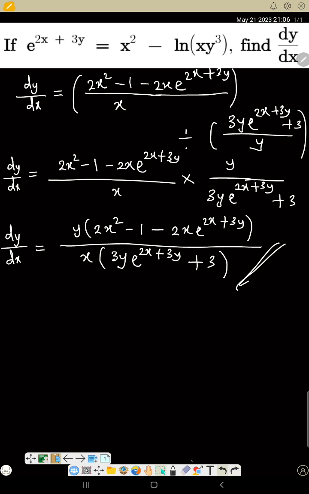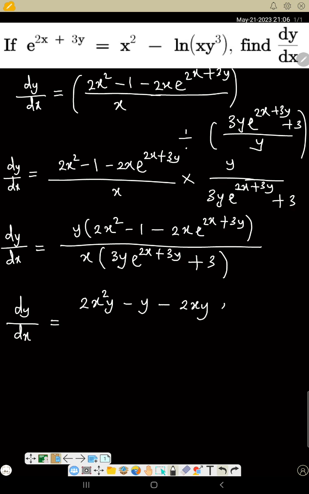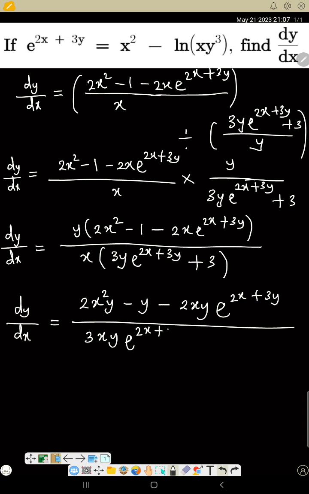Or if you continue this way, the y will open the bracket, so this will be 2s squared y minus y minus 2sy e raised to power 2s plus 3y, over s will open bracket here too, 3sy e raised to power 2x plus 3y then plus 3s.